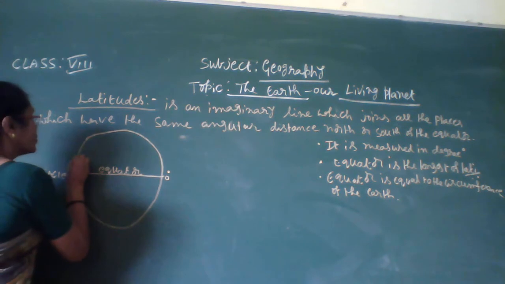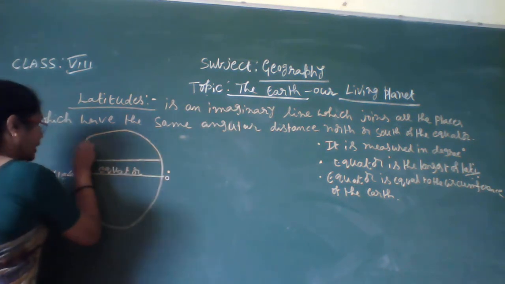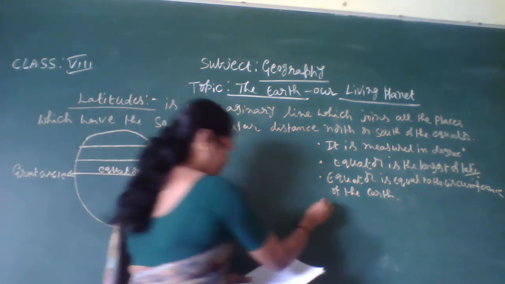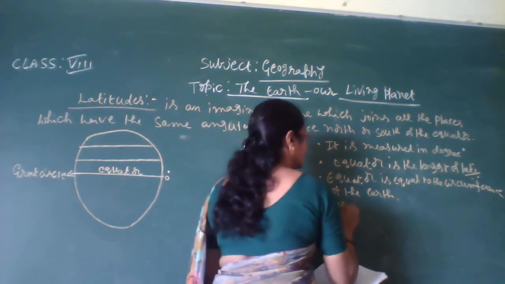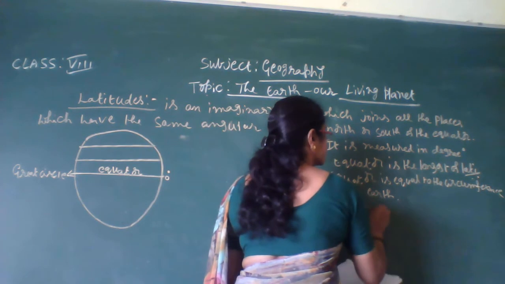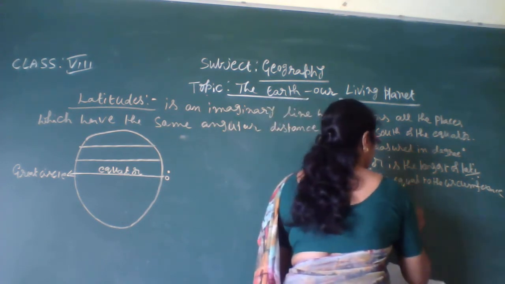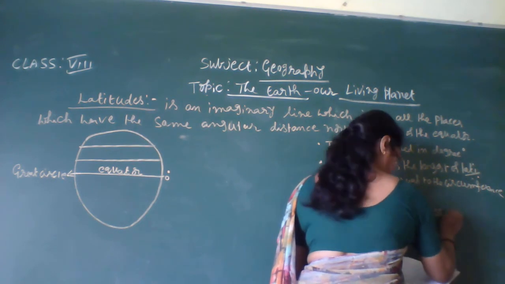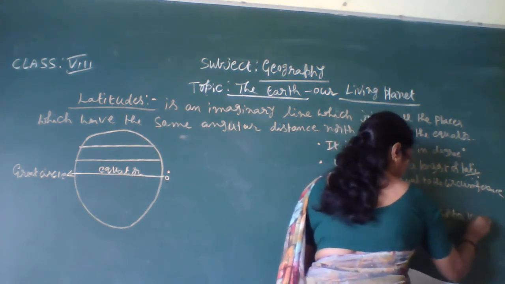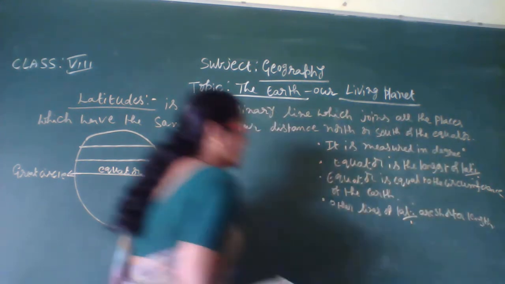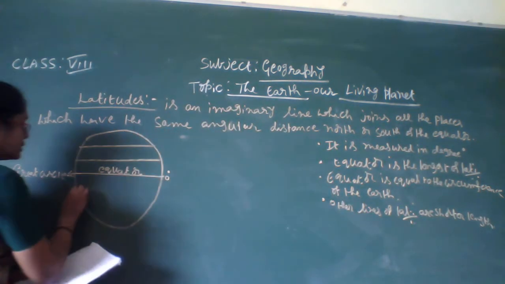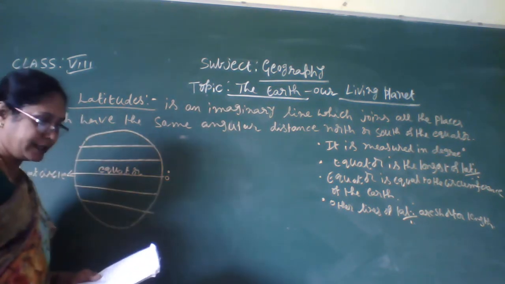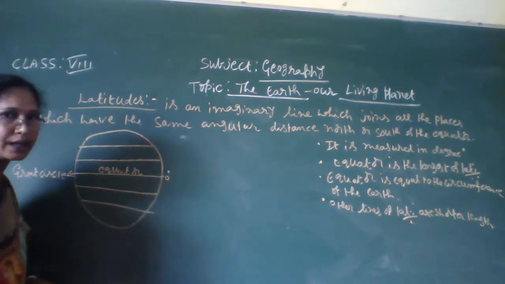The lines beyond the equator become smaller than the equator. It means the other lines of latitude are shorter in length. Then the length of the latitude decreases with the distance from the equator.